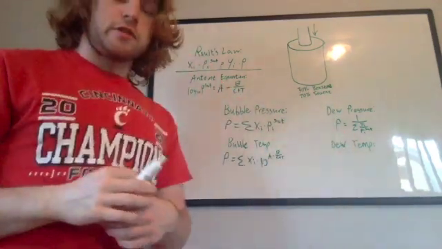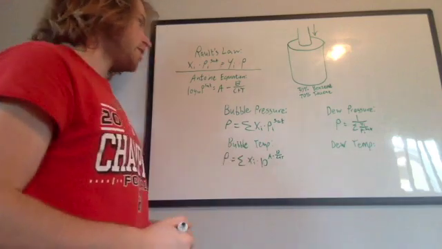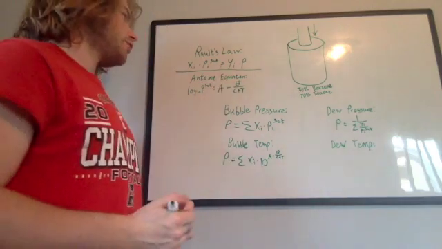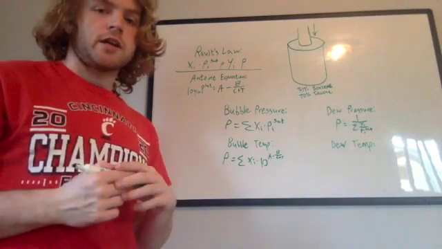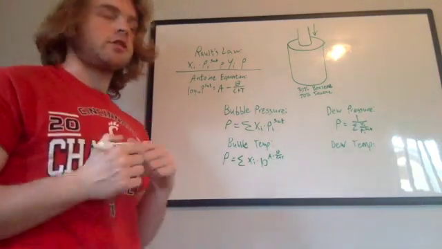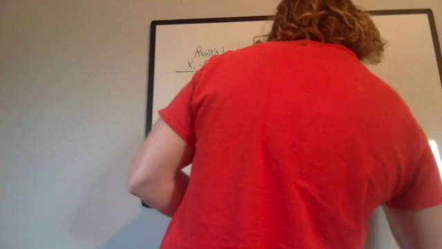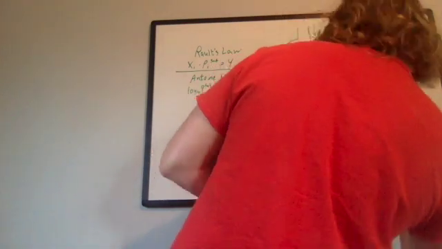Now for the dew temperature, we're basically going to do the same thing we did over here for the bubble temperature. We're going to use the Antoine equation to sub in for the saturation vapor pressure so that we can get T within the equation and solve for it. So P is going to be equal to 1 over the sum of yi over this Antoine equation over here.